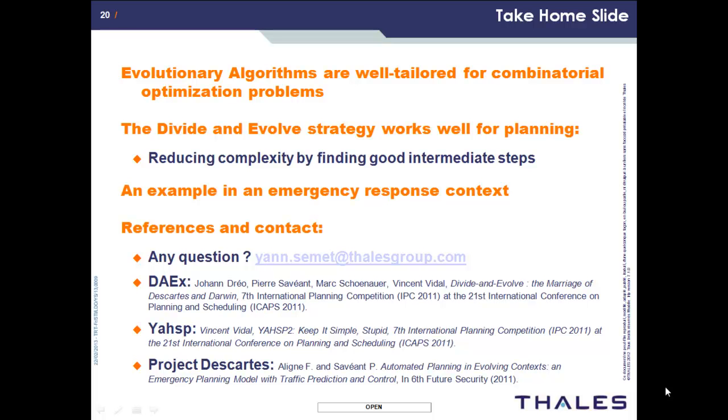I demonstrated how our evolutionary planner, DAEx, worked based on the divide and evolve strategy, which works well for planning because it successfully reduces complexity by finding good intermediate steps to the final plan. I also gave an example of using that planner in a real-world case where it was used to produce good emergency response plans. That's all I had to say.